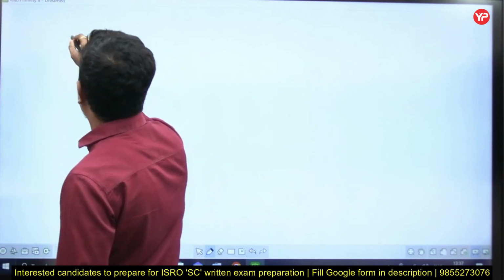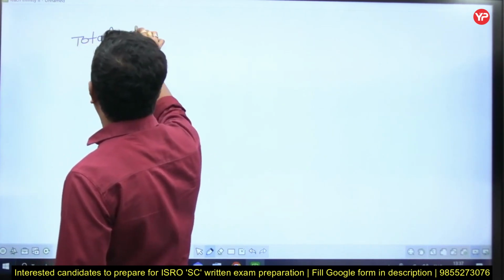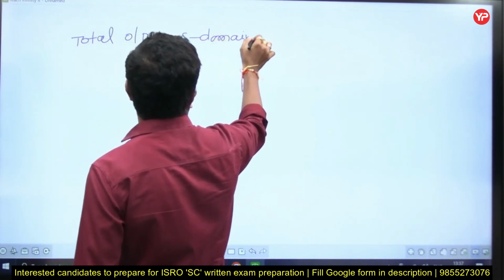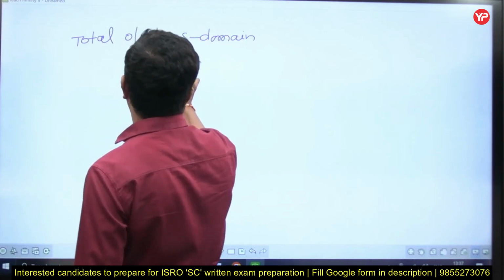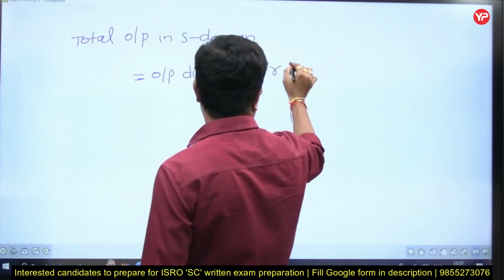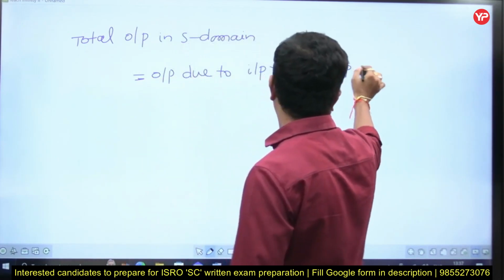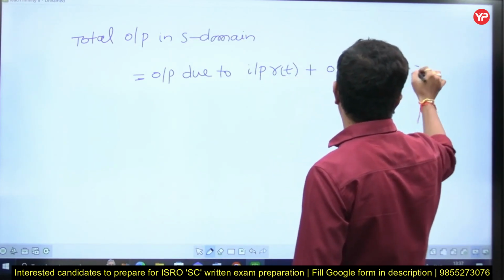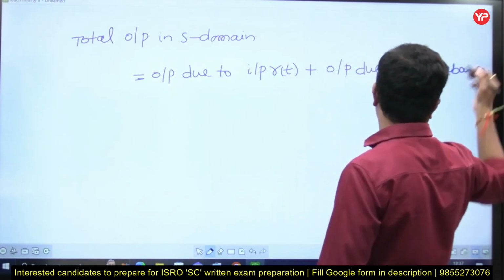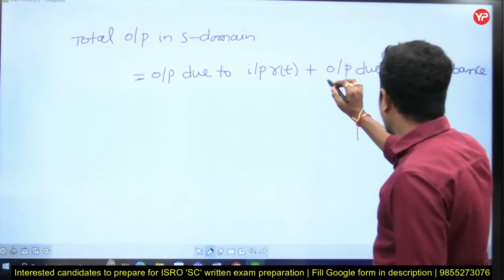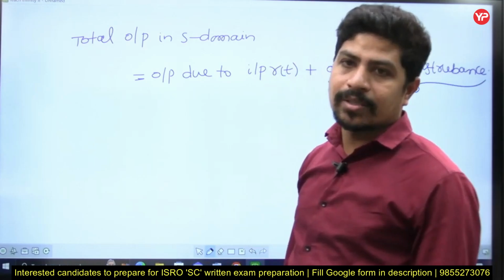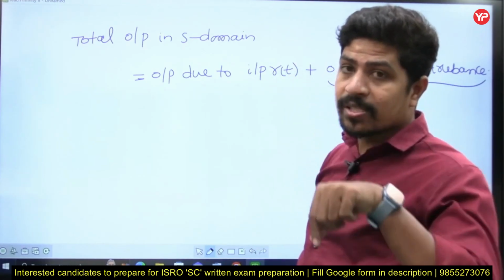Total output in s domain is equal to output due to input R of t plus output due to disturbance. He wants to completely eliminate this part, meaning output due to disturbance is equal to 0.